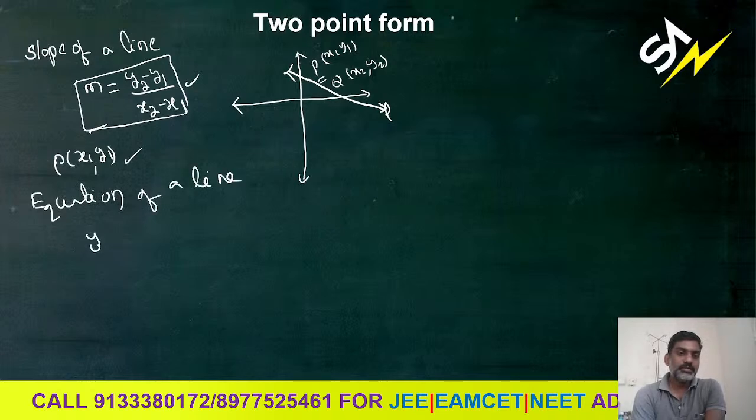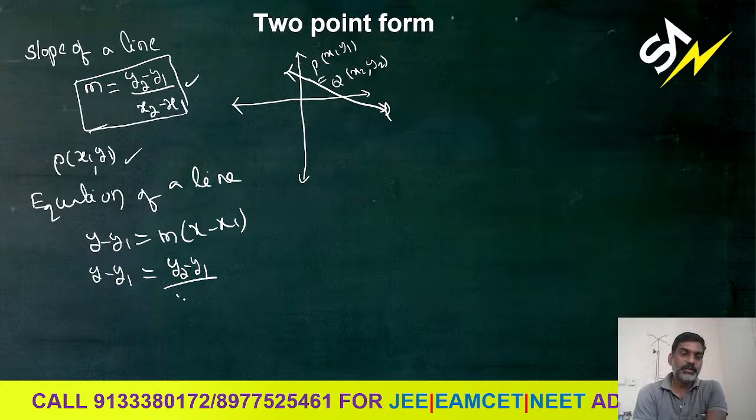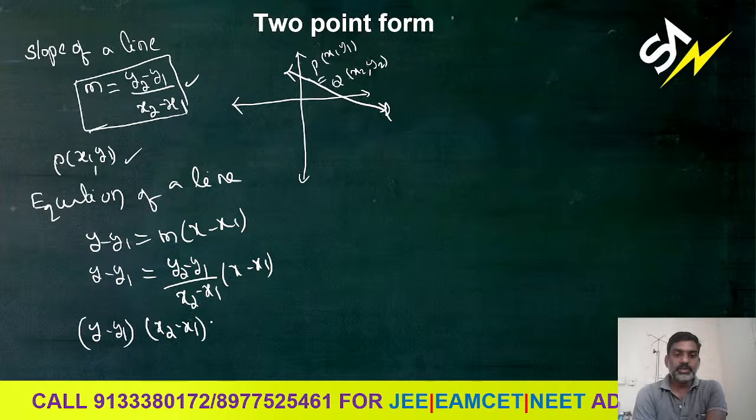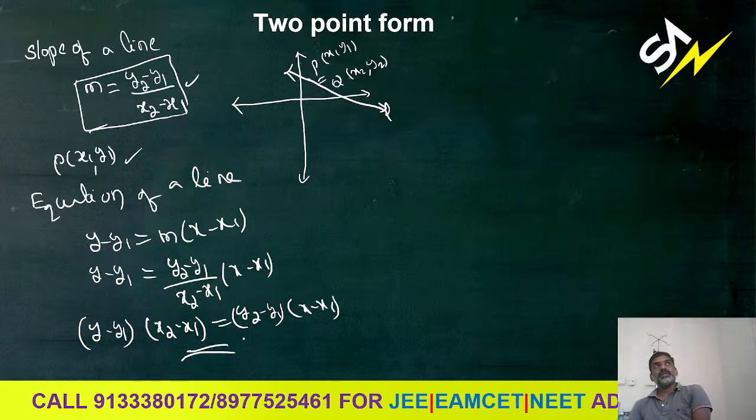What is the equation of a line? y minus y1 is equal to m times x minus x1. So y minus y1 is equal to, what is m? y2 minus y1 divided by x2 minus x1 times x minus x1. Move the denominator to the left side. y minus y1 times x2 minus x1 equal to y2 minus y1 times x minus x1. So this is the 2-point form of a straight line.